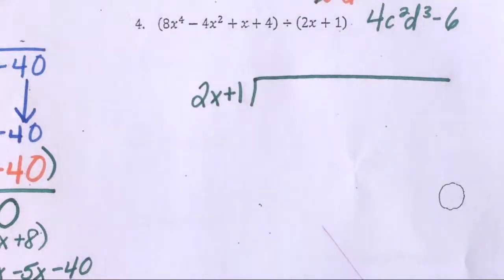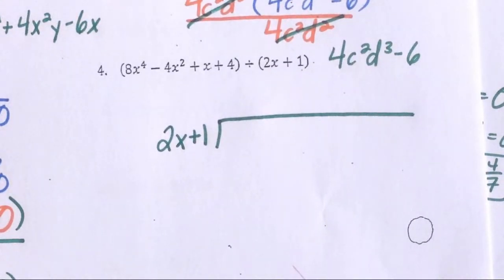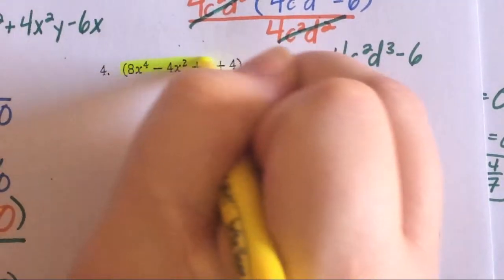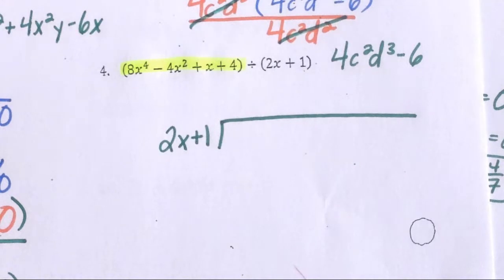And before you go too crazy, there is one teeny tiny thing we need to fix before we put this polynomial underneath the house. Tell me something curious about the thing I've highlighted. Are they like terms? They have different exponents. Something is missing.